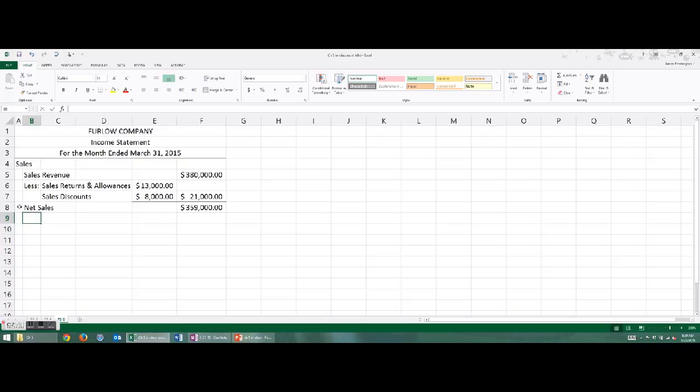The next thing we want to pull off is cost of goods sold. This is giving us $212,000. The difference, $147,000, is what we're going to label gross profit.